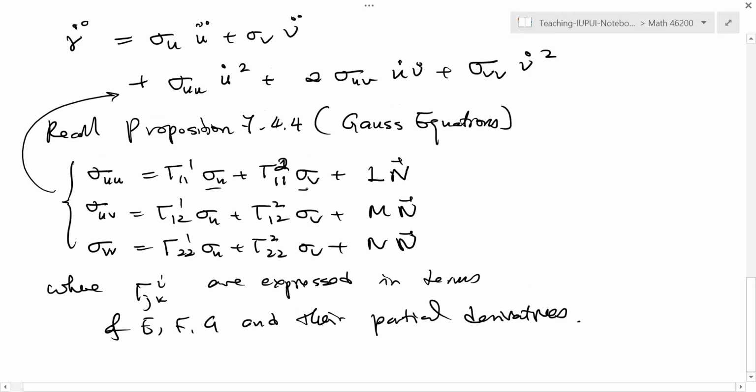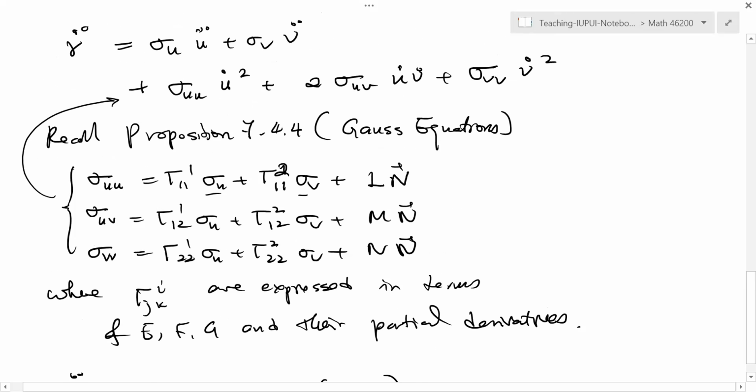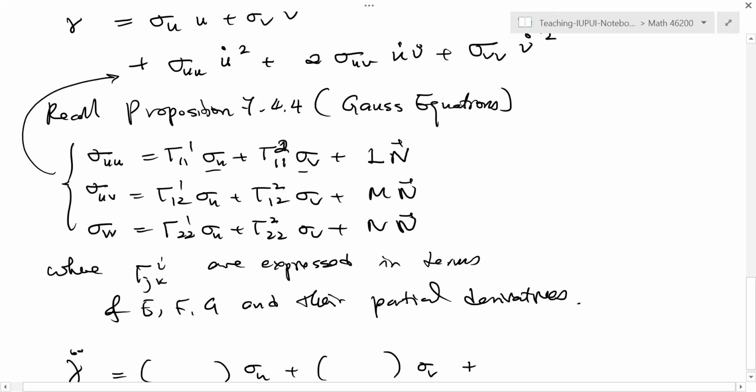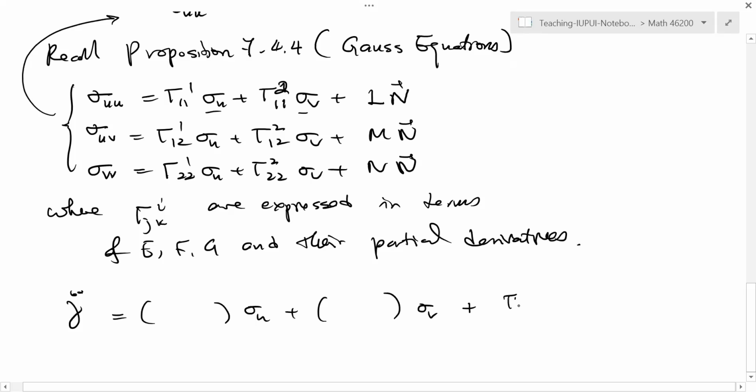So then this gamma can be written as something sigma u, something sigma v, plus, I think, the second fundamental form here, because this is the L, right? So put it there. This is going to be the second fundamental form, and this is a part sigma. This is gamma, the second fundamental form.